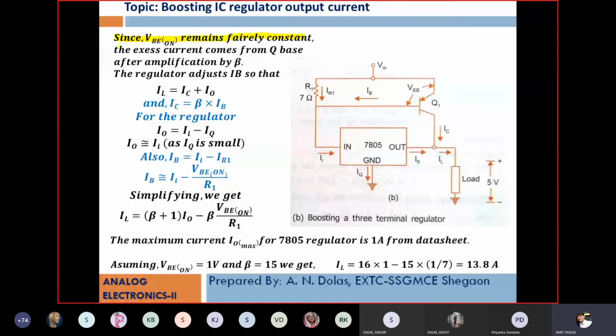The excess current comes from transistor Q1 base after amplification by beta. This is the base current IB, but this will be beta times IB, that is the collector current. So the excess current comes from the base after amplification by factor beta. The regulator adjusts the base current IB so that the load current will be equal to collector current plus output current.